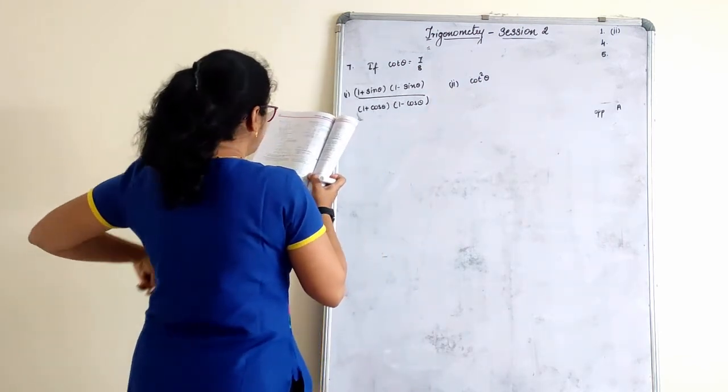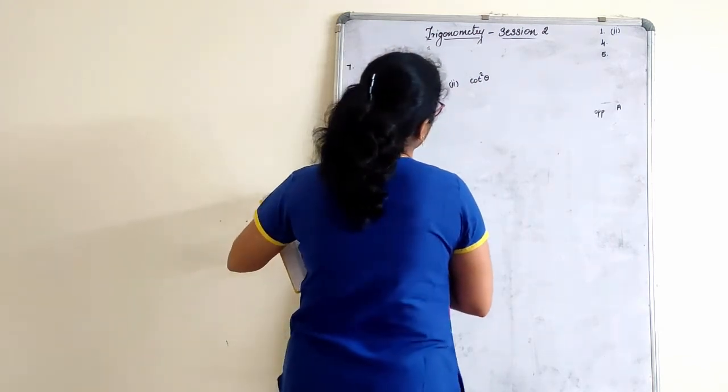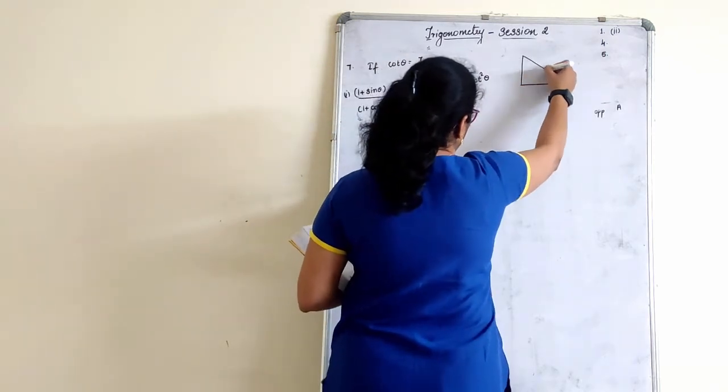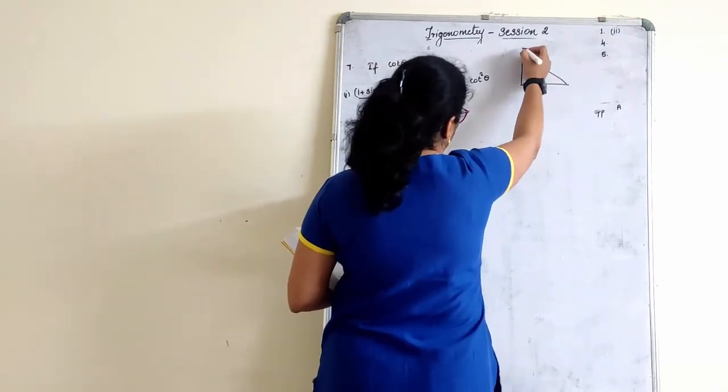Okay, so with respect to this, can we have a right angle triangle and find the hypotenuse as usual?